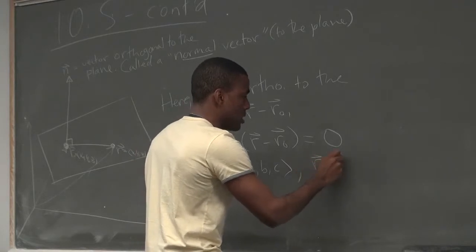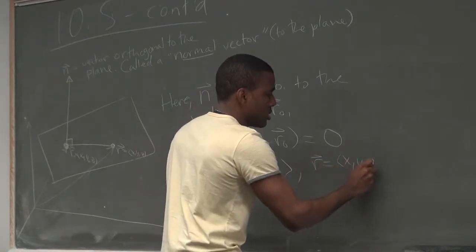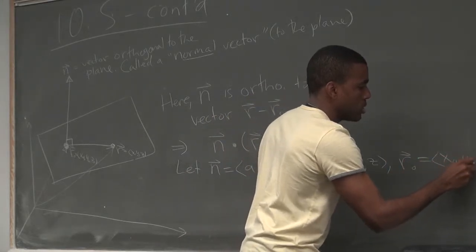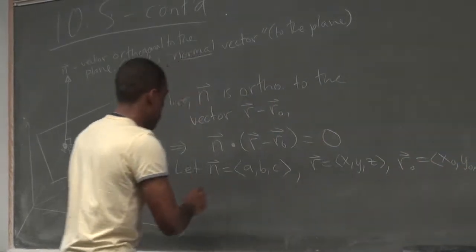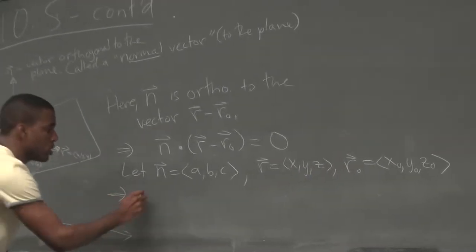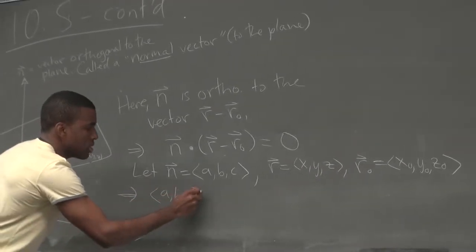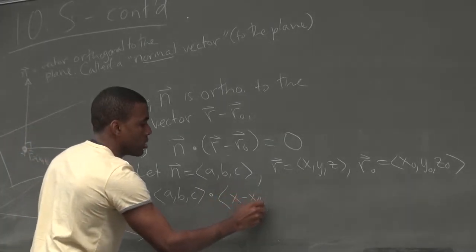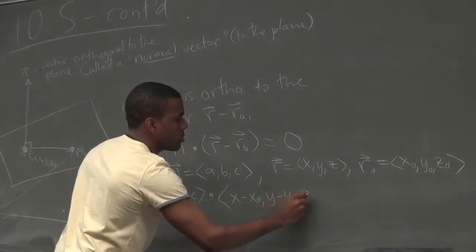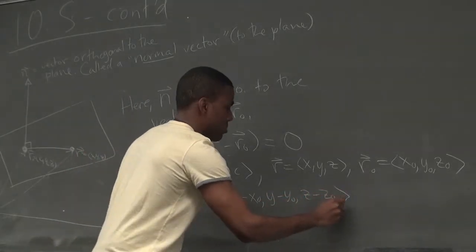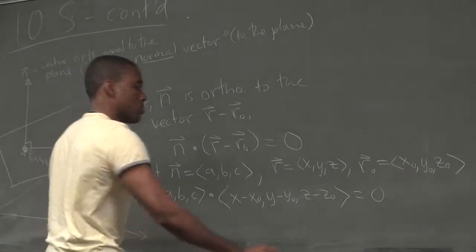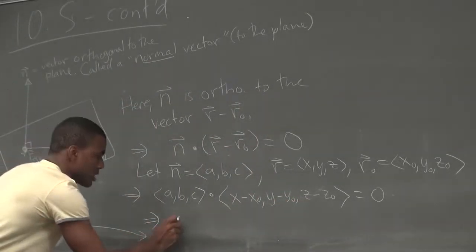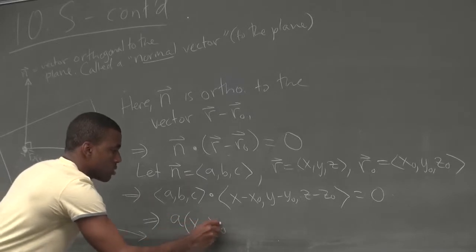Then what we'd get is (a, b, c) dot the vector (x minus x0, y minus y0, z minus z0), and that should equal 0. Well, we can simplify that by the dot product formula. This gives us a times (x minus x0).